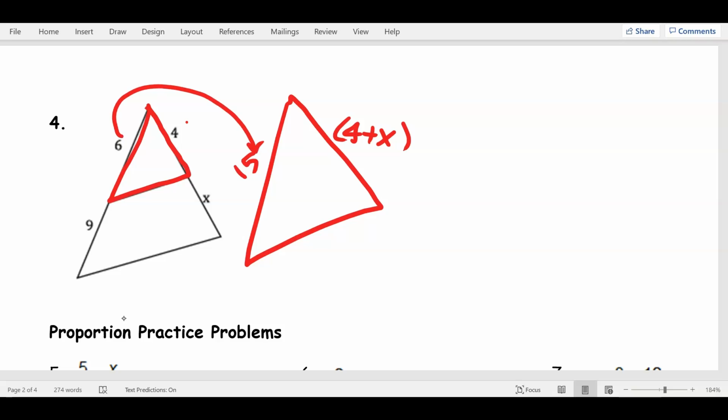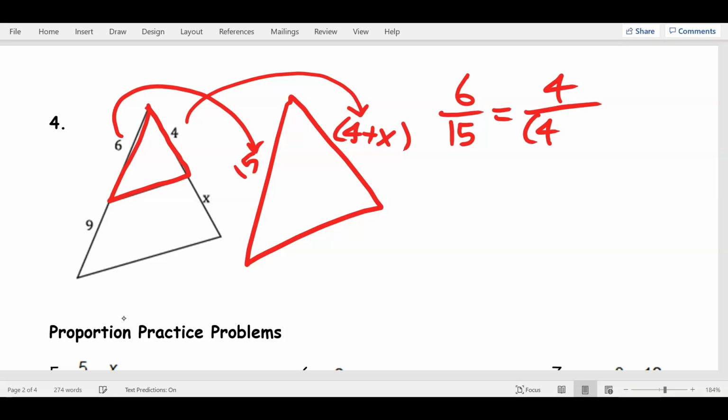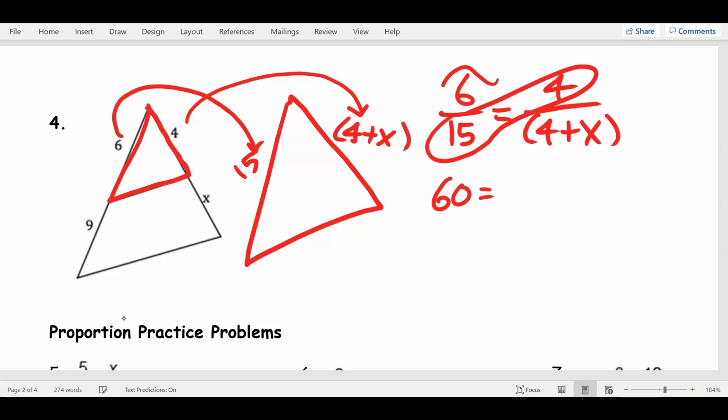Can you set those two fractions up equal, cross multiply and divide? 6 over 15 equals 4 over 4 plus x. Again, cross multiply, so 15 times 4 is 60. 6 times 4 plus x. I write it next to each other.